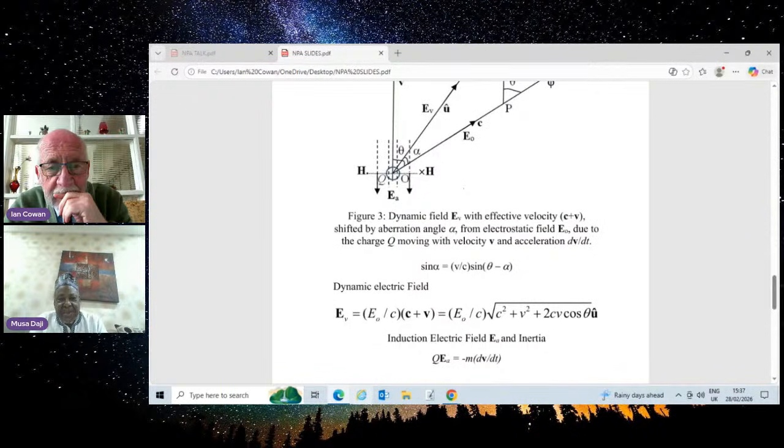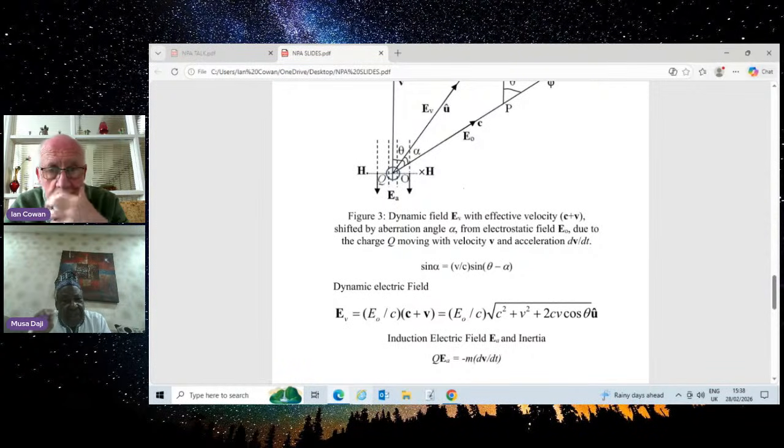That's okay, yes. Now, if an electric charge is moving with velocity V, the electric field becomes EV. It is increased in the direction of motion and decreased backwards. In the overall, there is an increase in electric field.